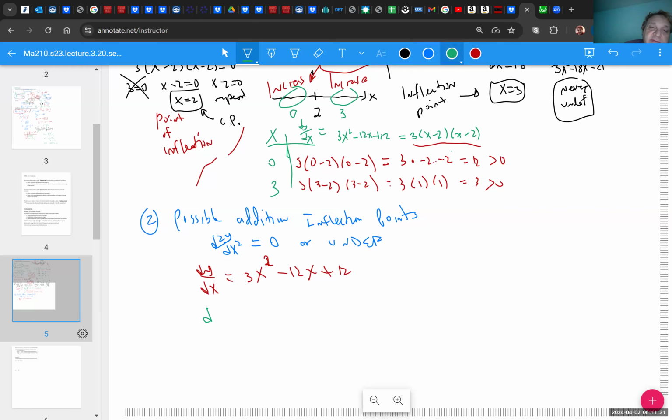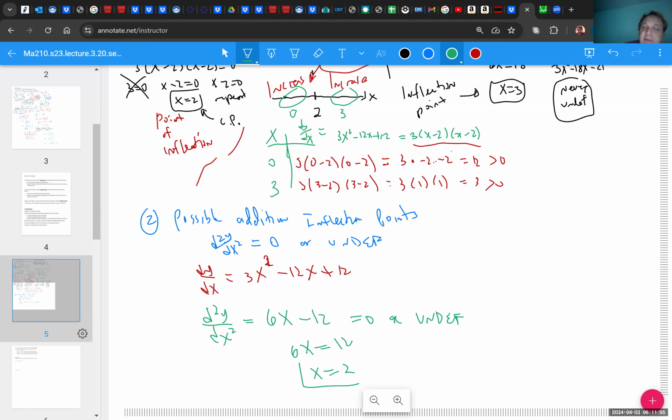So the second derivative is written like this. Funky little way of writing it. 3x squared differentiated is 6x, and then we get a minus 12 and a plus 0. So we set this equal to 0, and we find out when it's undefined. When it's equal to 0, we just get 6x equals 12, or x equaling 2.